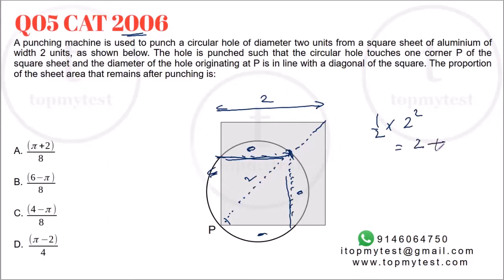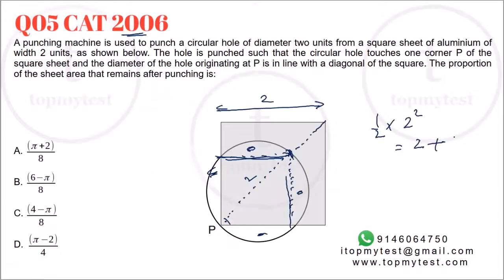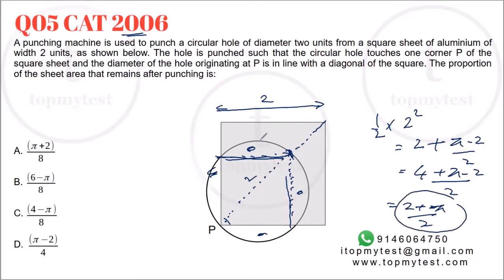Plus add the previous answer, which is pi minus 2 by 2. So this gives you 4 plus pi minus 2 by 2, which is 2 plus pi by 2. This is the area which is punched out.